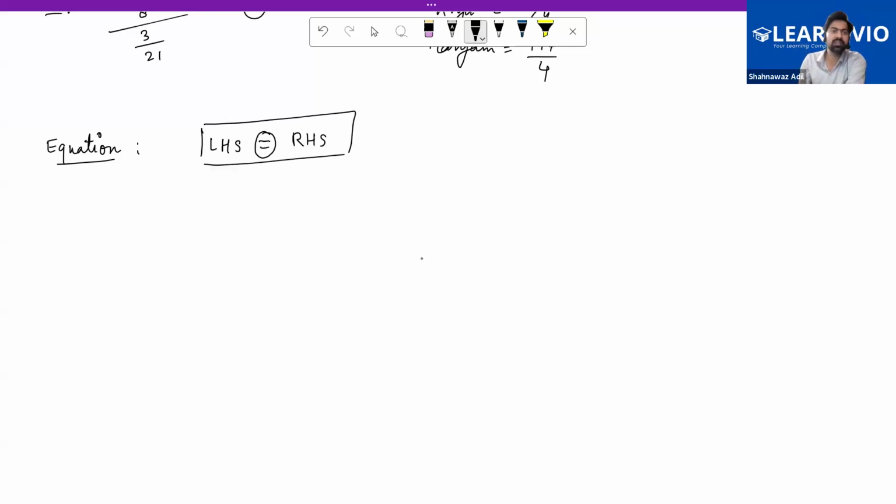And then what is a linear equation? This equation will have two things. One will be variable, some alphabets like X, Y, Z, and the other would be numbers.